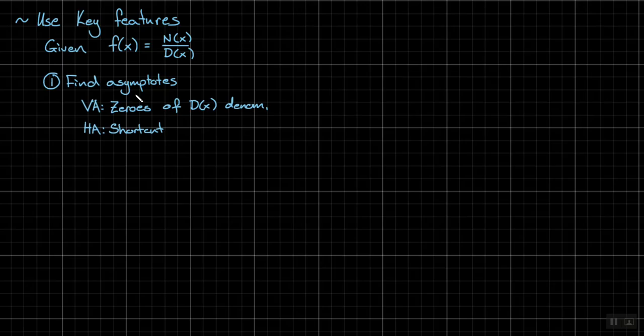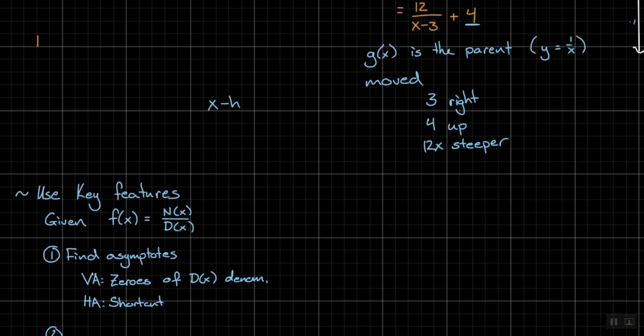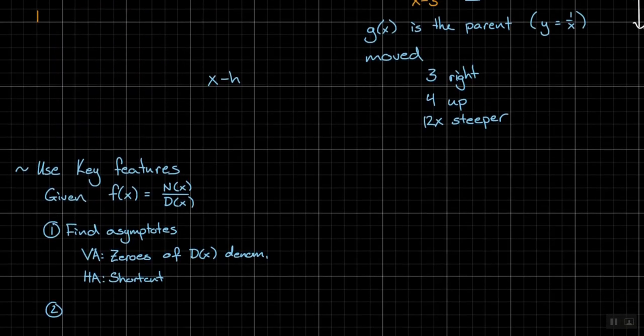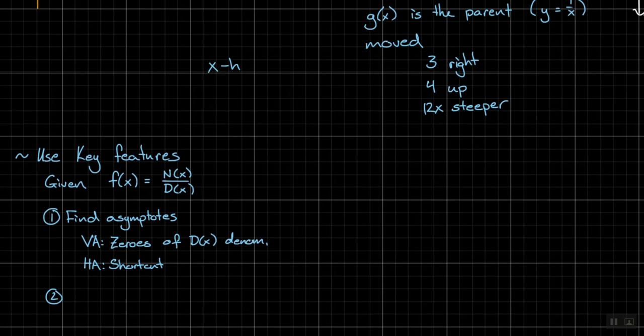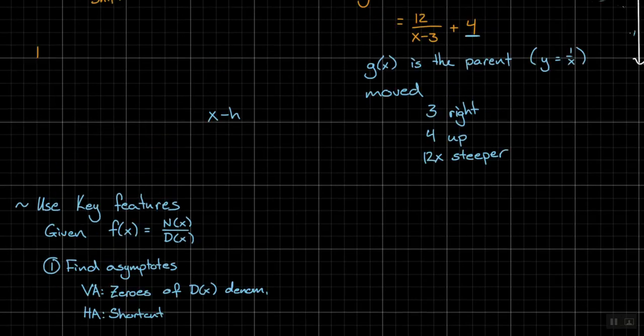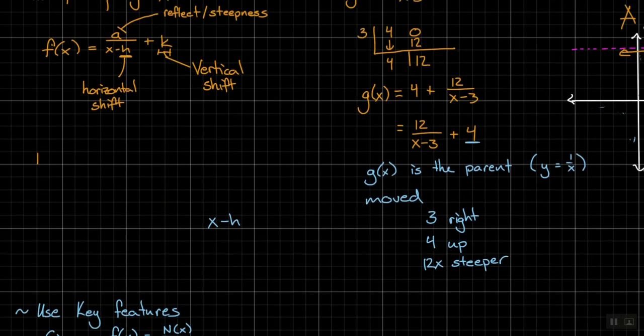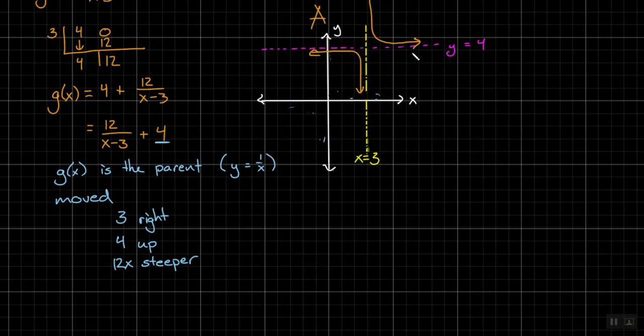Okay. Once we have our asymptotes, I'm just going to scroll back up so we can see the graph, and we're going to think about what other key features. If I wanted to sketch this graph, I need to know the asymptotes, any other key parts of this graph that might help me make sense of it.